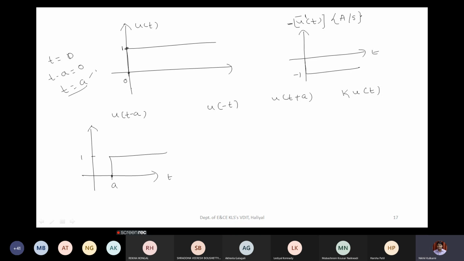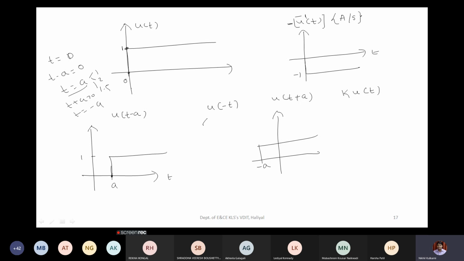So a can be anything, 1, 2 or 1.5. So it will shift here. If it is plus a, then what happens? t will be minus a. Instead of here, it will start at negative here. Getting this?